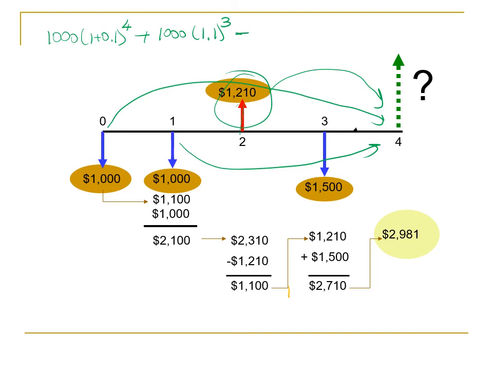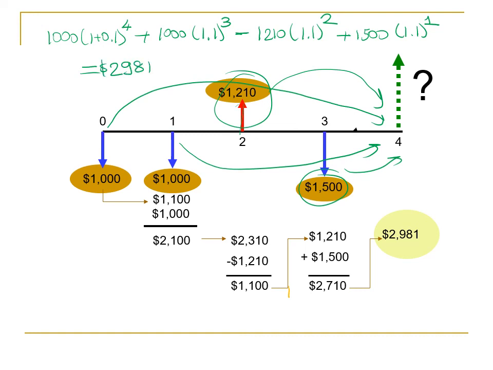And negative 1,210 times 1.1 to the power 2. And then this last one, it's again positive, plus 1,500 multiplied by 1.1 to the power 1. And if you do this calculation, you will obtain exactly the same solution over here.